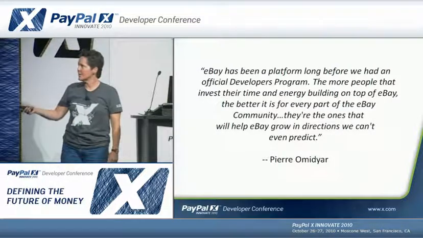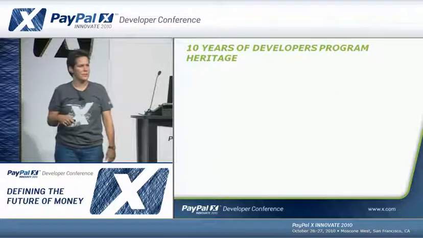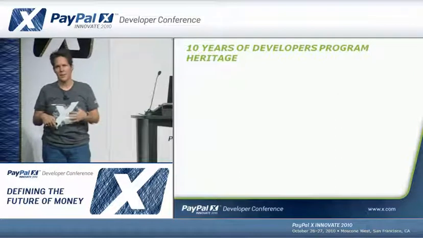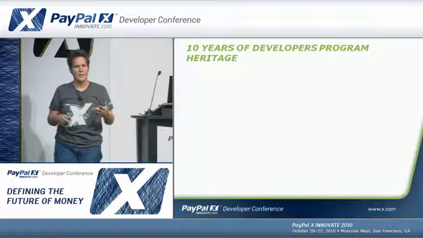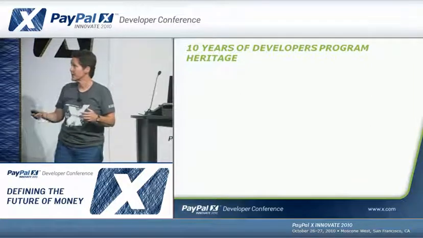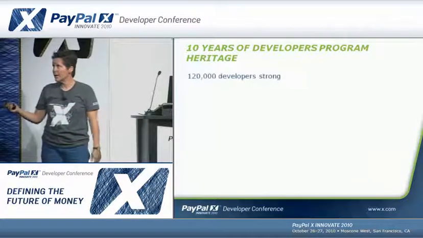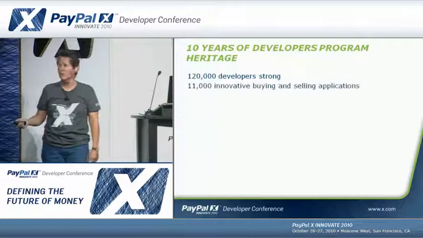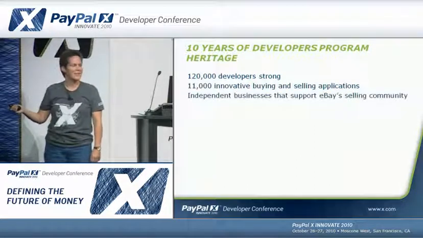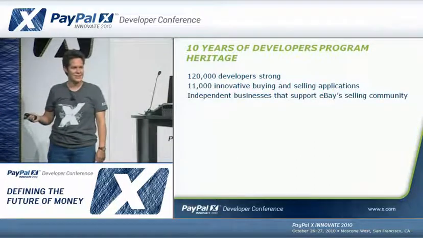So our history. Although eBay started 15 years ago, our developers program and opening, if you will, our platform via APIs to you guys just happened 10 years ago. We are now 120,000 developers strong with 11,000 active applications.